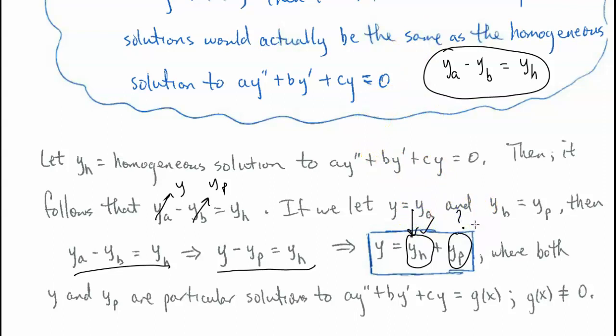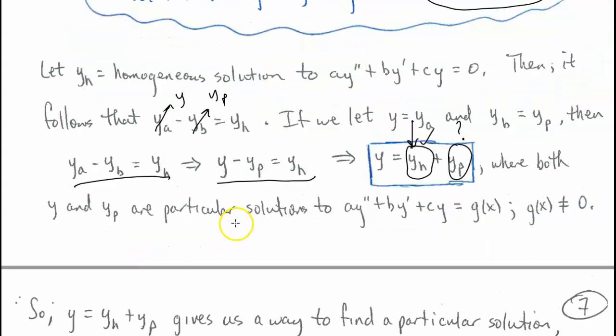How in the world are we going to find out what at least one of those particular solutions looks like, especially when we're not given anything? Well, that is where the method of undetermined coefficients comes into play. This method is very straightforward, relatively speaking, but it's limited to only certain types of functions. I'm going to get more into why that is in just a second. So let's move forward here.